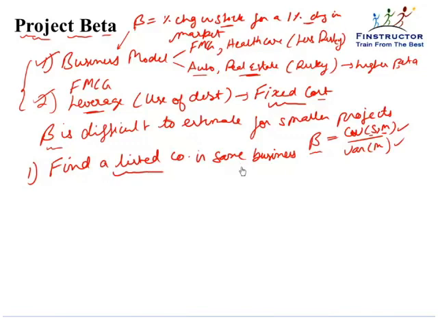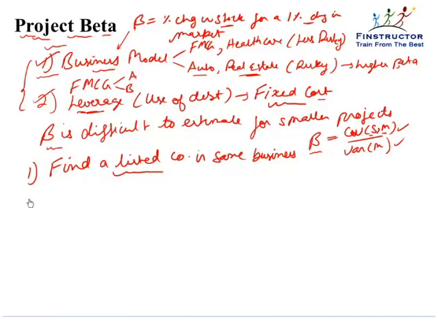If that listed company is exactly in the same business, or if both are FMCG companies, broadly for estimation we can say that the business risk is going to be the same. That is the assumption we go with. But again, the two companies, even though in the same business, even though both are FMCG companies, can have different amounts of leverage and hence different risk or different beta.